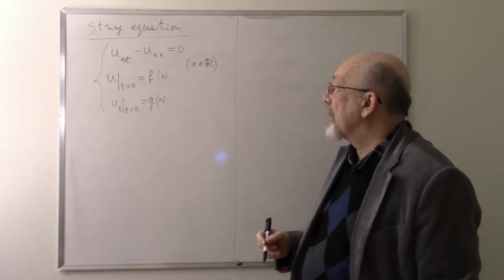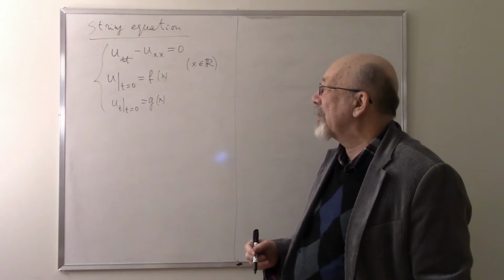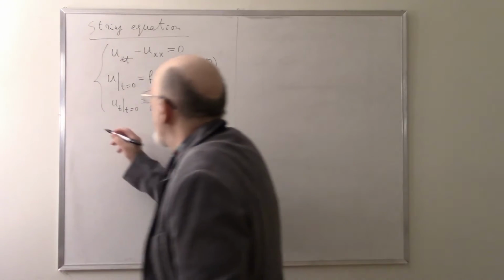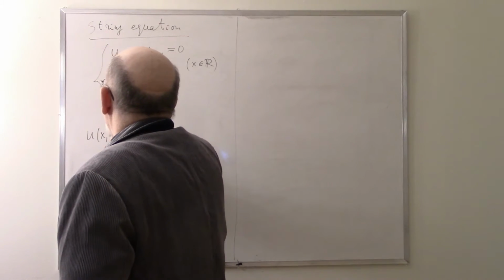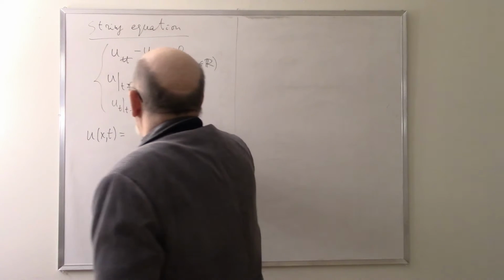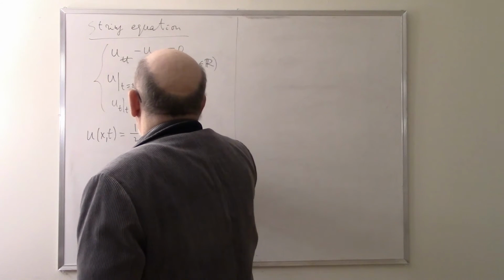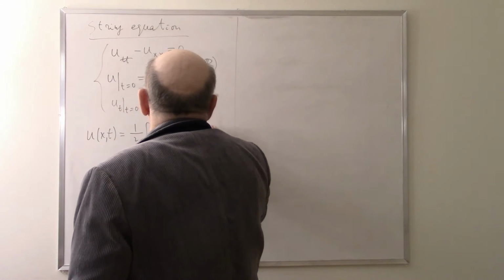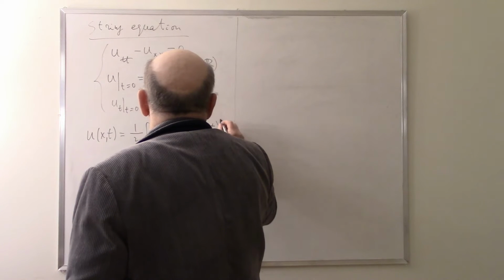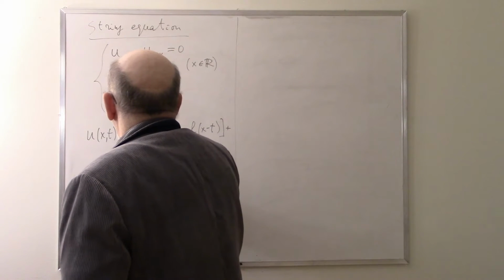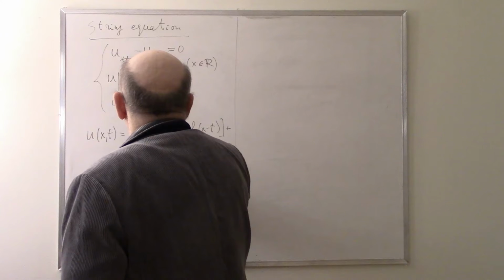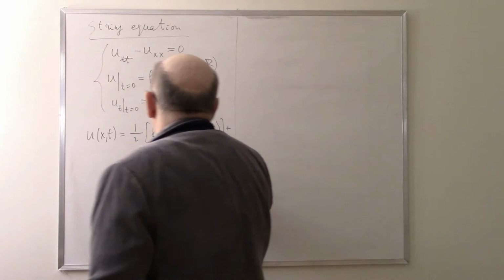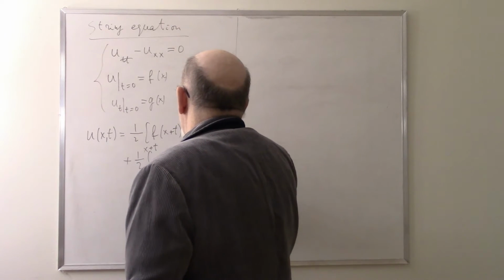Now, the solution of this equation is given by the following formula, which you, I think, know by heart. U of x, t equals 1/2 of f of x plus t plus f of x minus t, plus 1/2 integral from x minus t to x plus t of g of y dy.